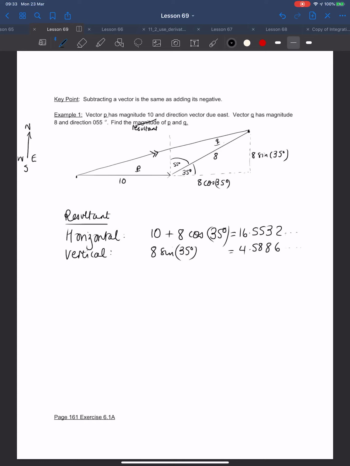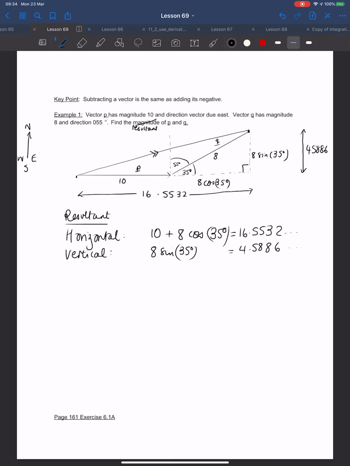So the resultant, you see we've made a right angle triangle there. That overall distance is 16.5532, and this distance is 4.5886.